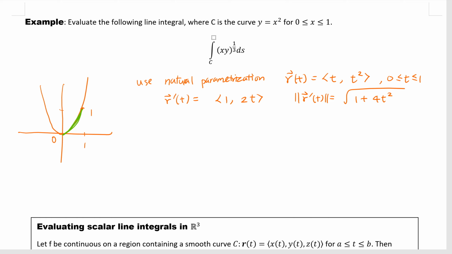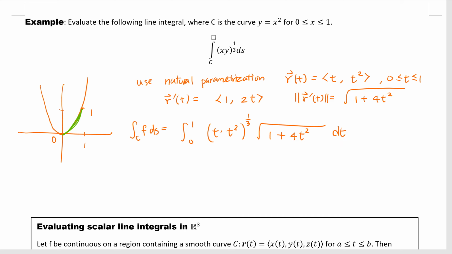And now we're ready. Then the line integral equals, t from 0 to 1, and then our function x is t, so x is t, y is t squared. And then we have this cube root, and then the speed, dt.